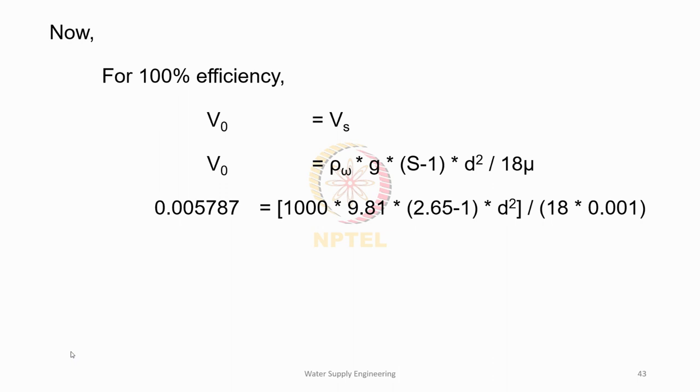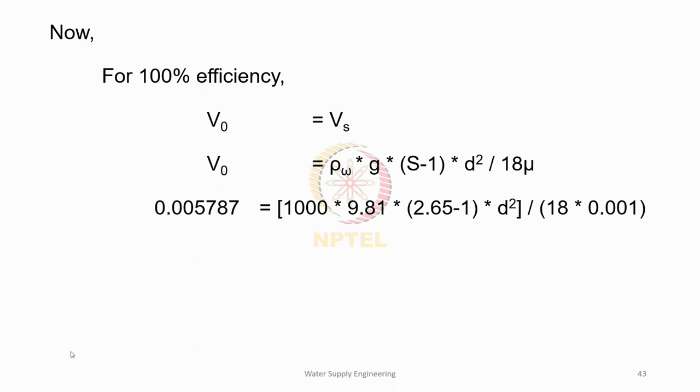So substituting the known values, we have 0.005787 is equal to 1000 into 9.81 into (2.65 minus 1) into d square, the whole divided by 18 into 0.001.